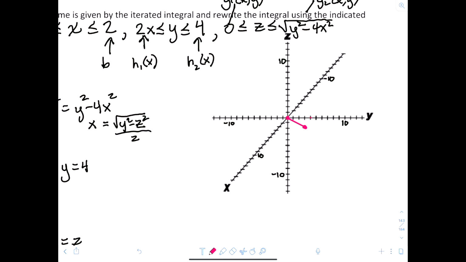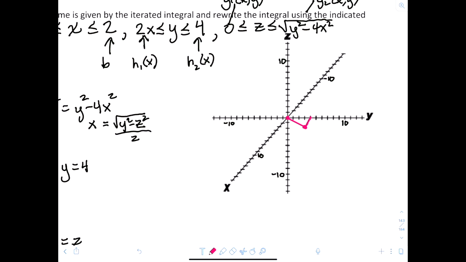So it's going to be going like this. So y is equal to 4. Cool so far? So that's going to take care of the x, y plane for the most part.